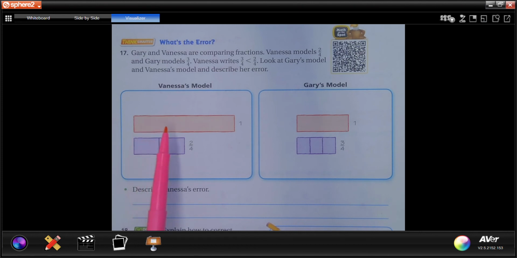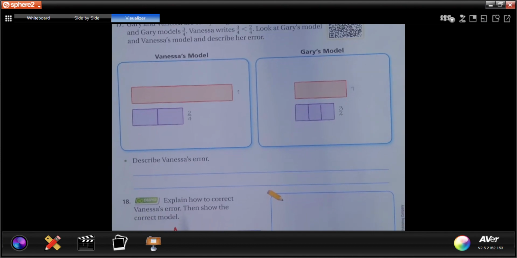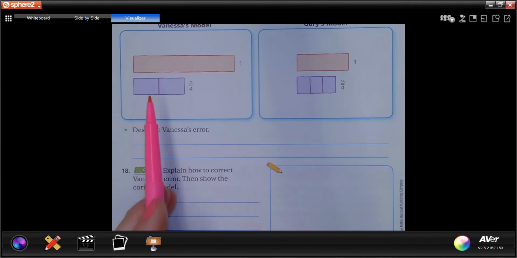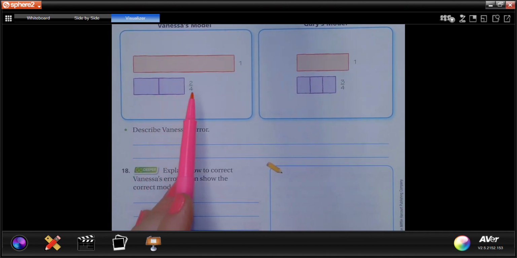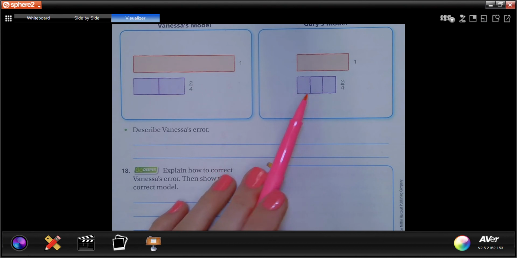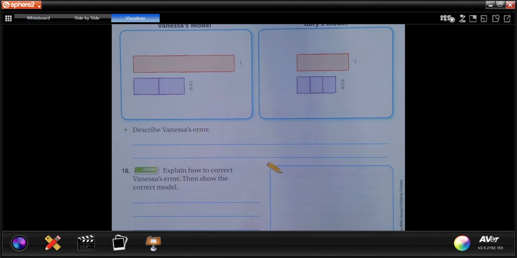Well, Vanessa's whole looks to be larger than Gary's whole, correct? They aren't the same size, so they're not measuring equal wholes. So that is why her 2/4 looks greater than his 3/4, because they're not the same size.